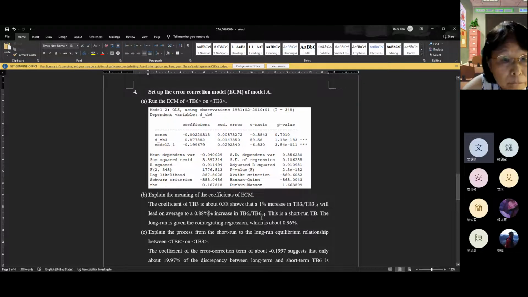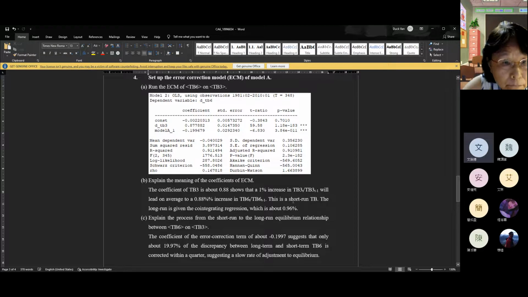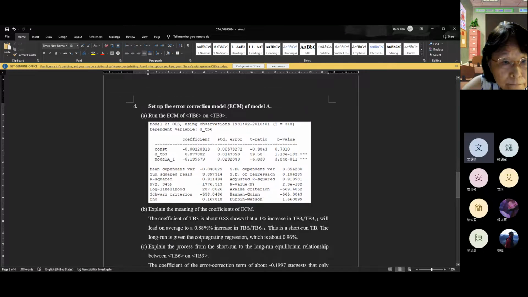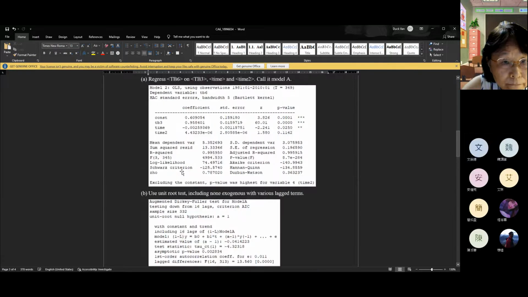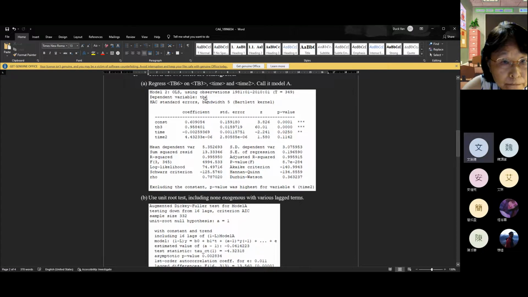This is the short run effect, but the long run is given in the cointegrating regression.